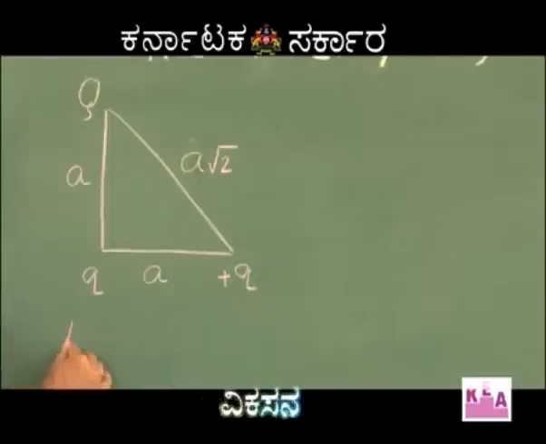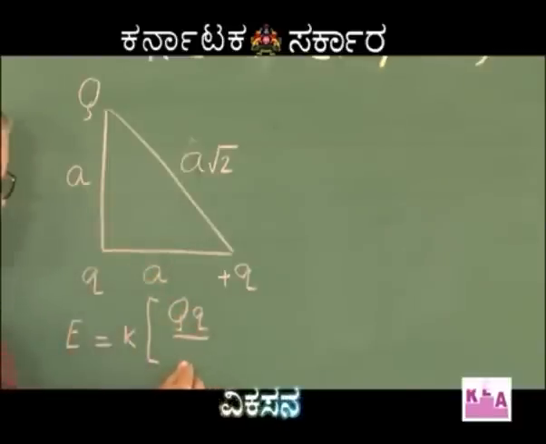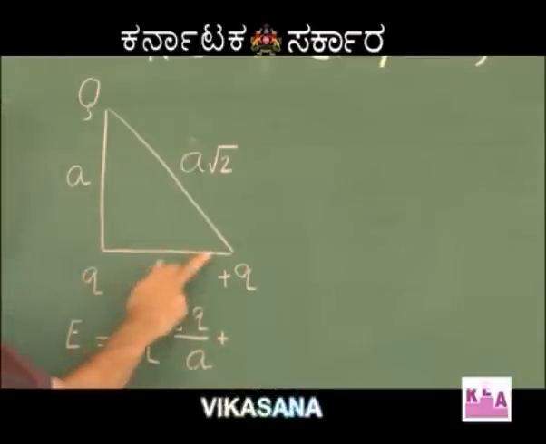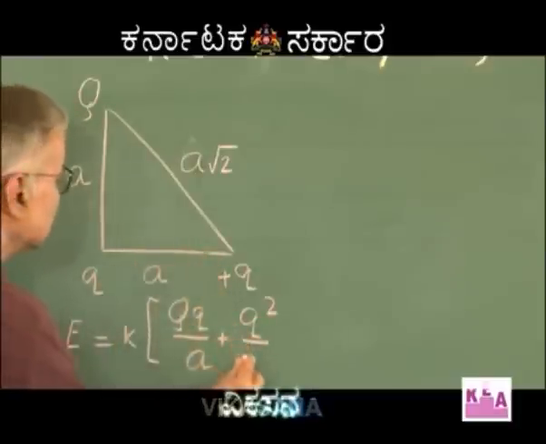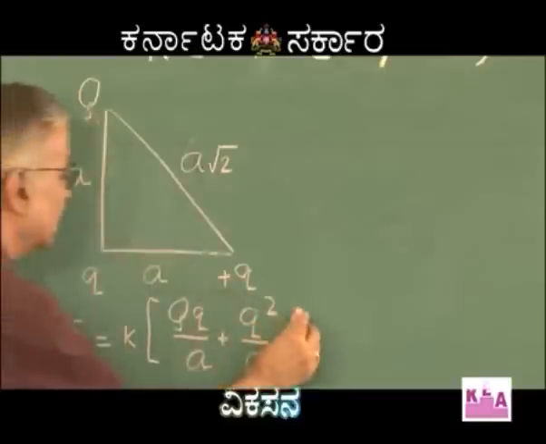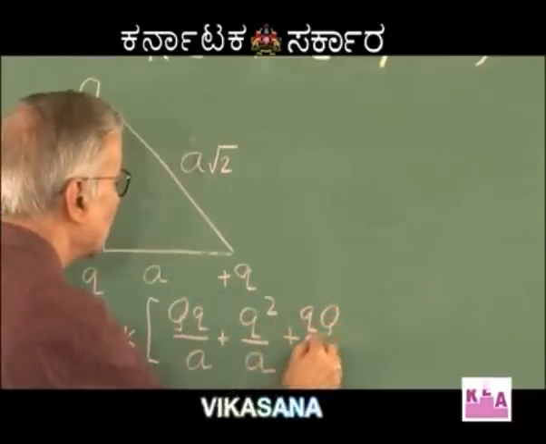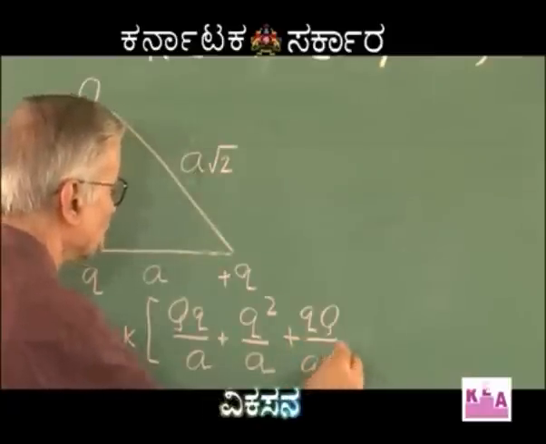Therefore, the electrostatic energy of the system E is equal to K into bracket: Q into q divided by the distance A, plus q into q, which is q square, divided by the distance A, plus again Q into q divided by the distance, which is going to be A root 2.